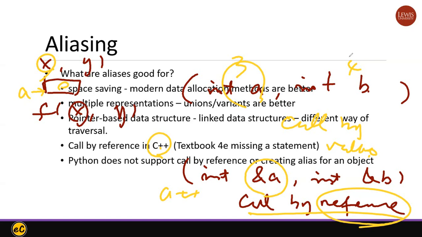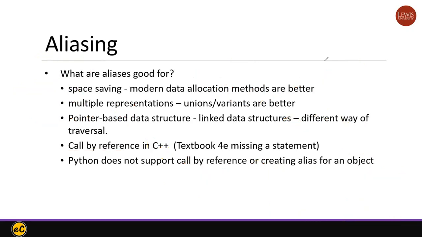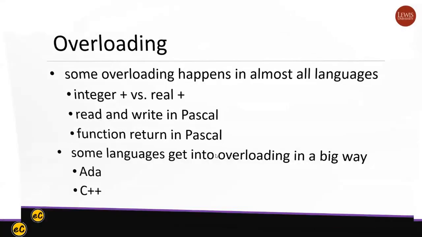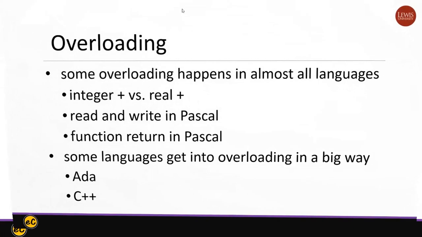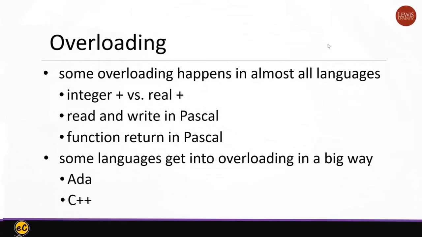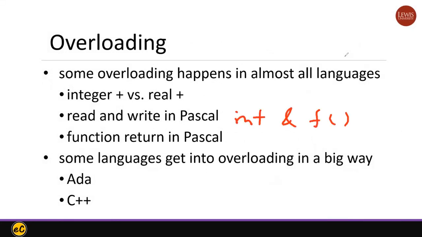When we have aliasing, you see that the aliased variable in C++ is a call by reference variable. C++ allows you to use the writing rule on the variable, and you can even return an alias. So you may see a C++ function that returns an integer alias.